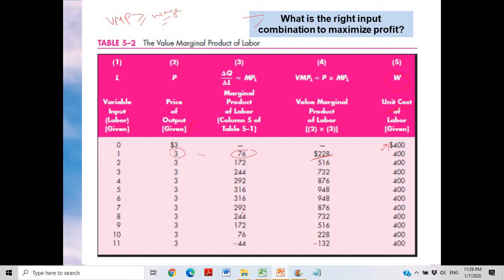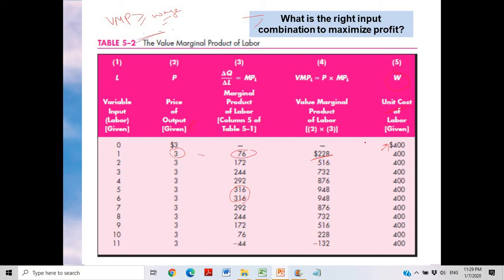If so, the maximum is this one, but we have 316, 316. So should we hire 6 labor, 5 labor, or can we hire more, let's say 7 labor?